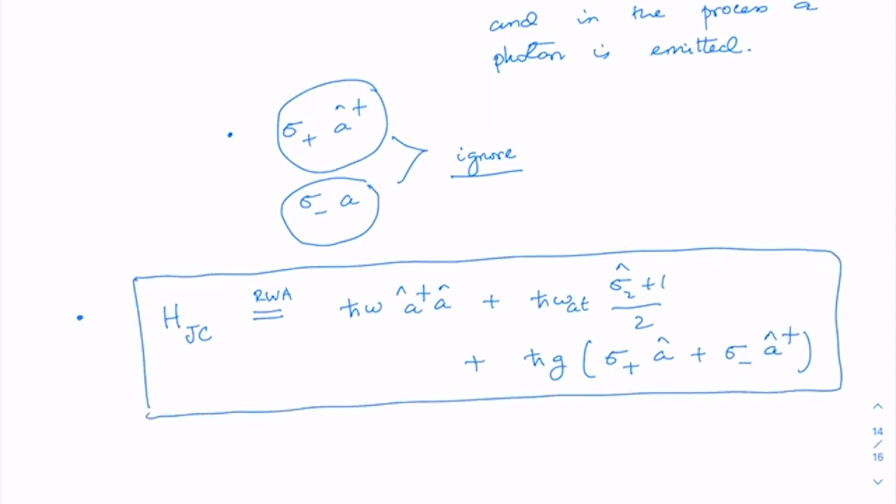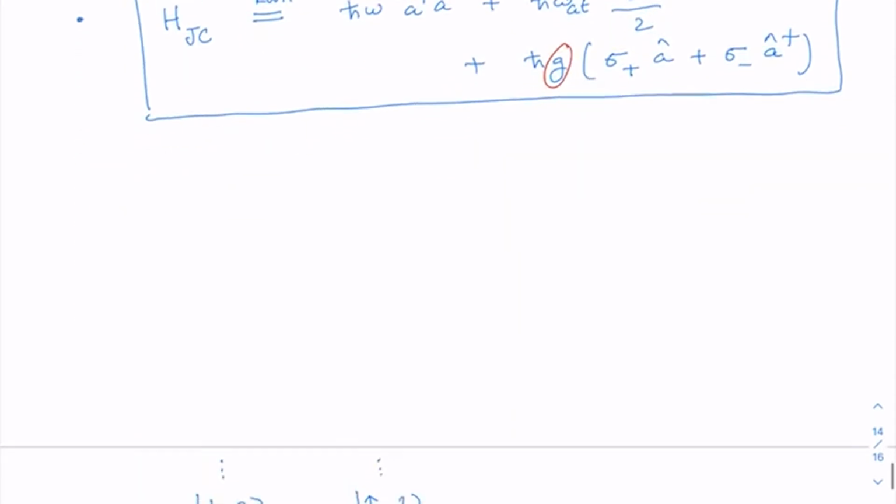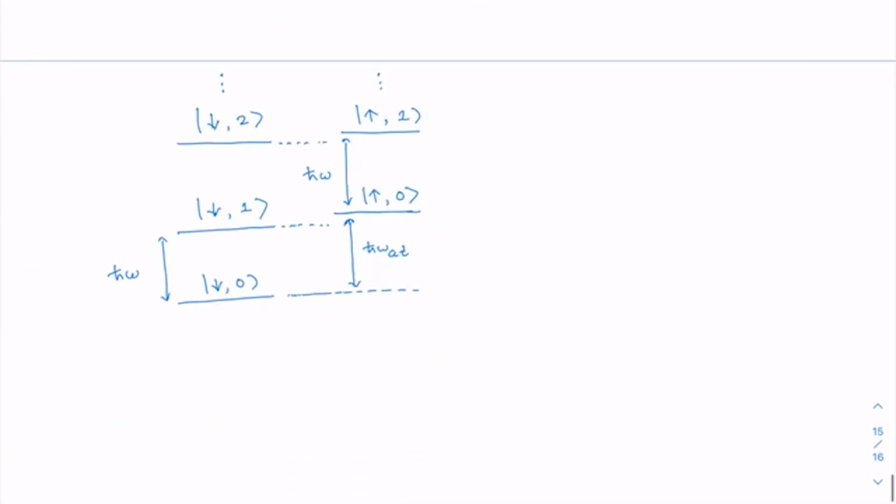Let us switch on the coupling parameter, that is when Z is not equal to 0, and see how the level scheme looks. We have Z non-zero and this coupling parameter is weak, and because of that, as per the rotating wave approximation, only the neighboring energy levels are connected to each other.